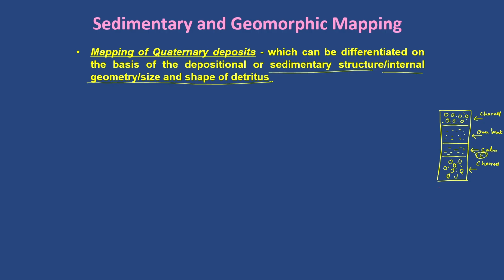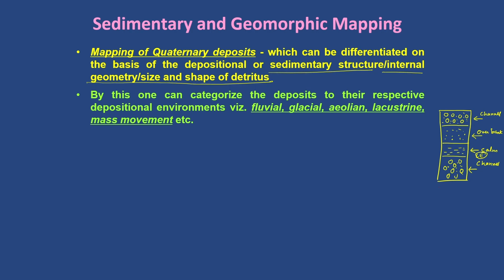That also helps us understand whether there was a change in the environment, whether it was related to climate or to tectonics. By this mapping, one can also differentiate whether it was a fluvial, glacial, aeolian or lacustrine deposit, or just mass wasting, that is, a landslide. So slope deposits can also be differentiated.